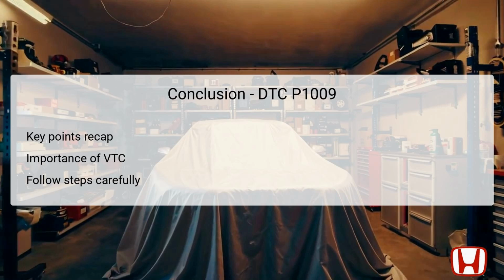Following a structured troubleshooting approach ensures that all potential causes are systematically ruled out or addressed. By checking both the VTC oil control solenoid valve and the actuator, technicians can accurately pinpoint the issue. Remember to verify repairs through thorough testing and consider preventive maintenance to prolong the life of these critical components.